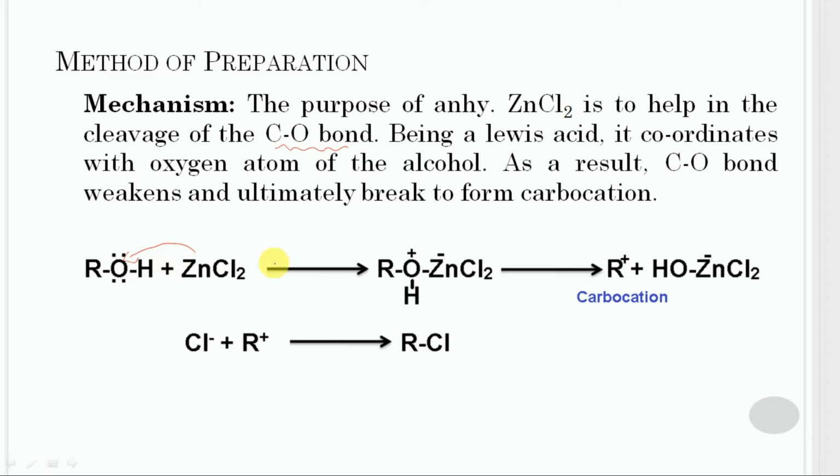As a result, the C-O bond is weakened and ultimately breaks to form the carbocation. In the next step, the chloride ion attacks the carbocation, and finally the alkyl halide gets formed.